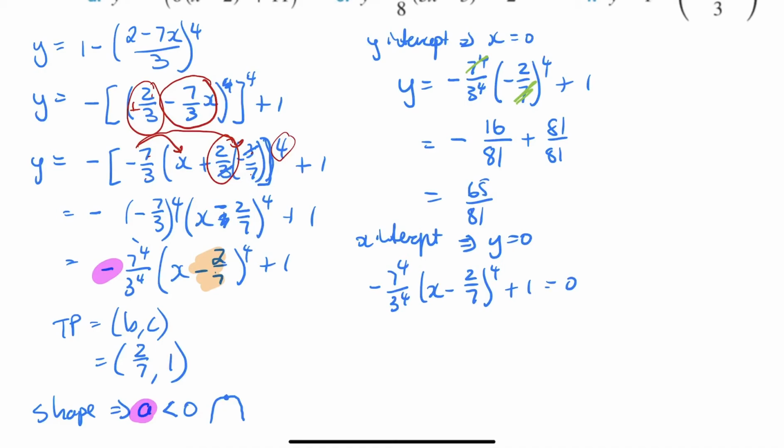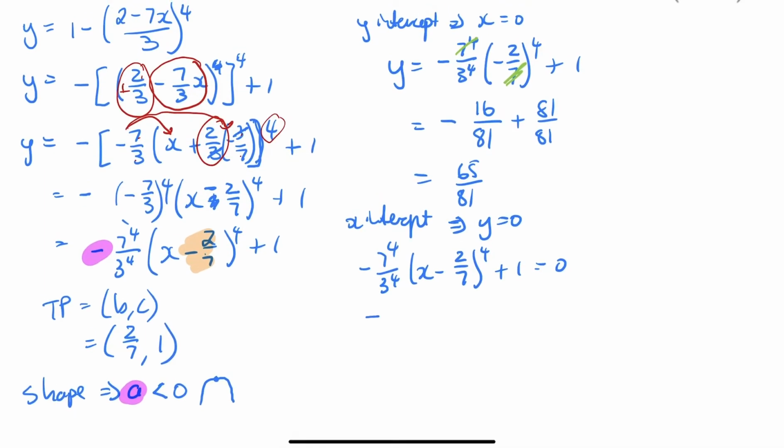I'm going to take the 1 over, so it's going to become negative 7 over 4, 3 over 4, x minus 2 over 7 to the power 4 equals minus 1. I'm now going to multiply by the reciprocal of this on both sides.